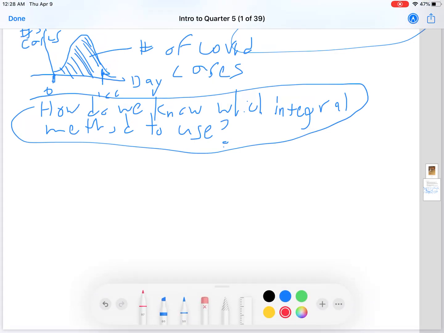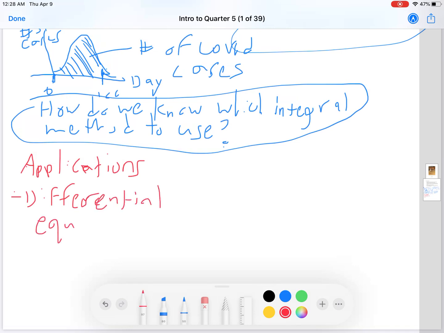So, for instance, with these applications, we're going to learn about things like differential equations. Area between curves.